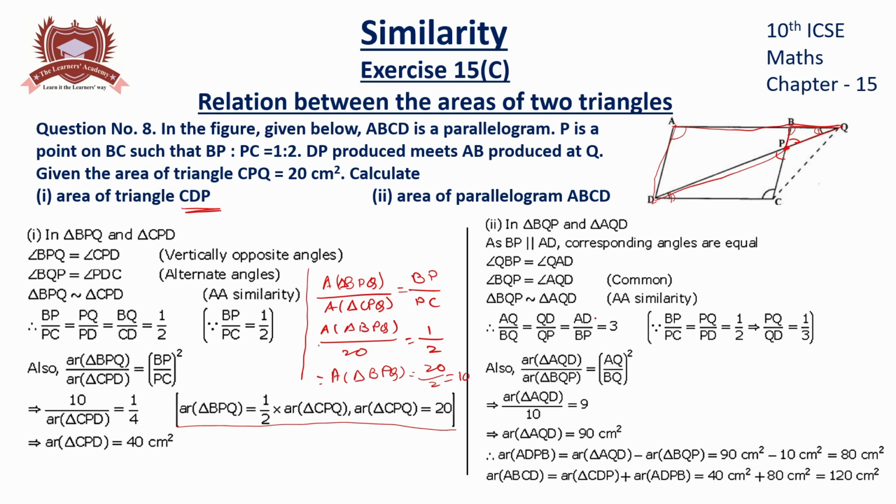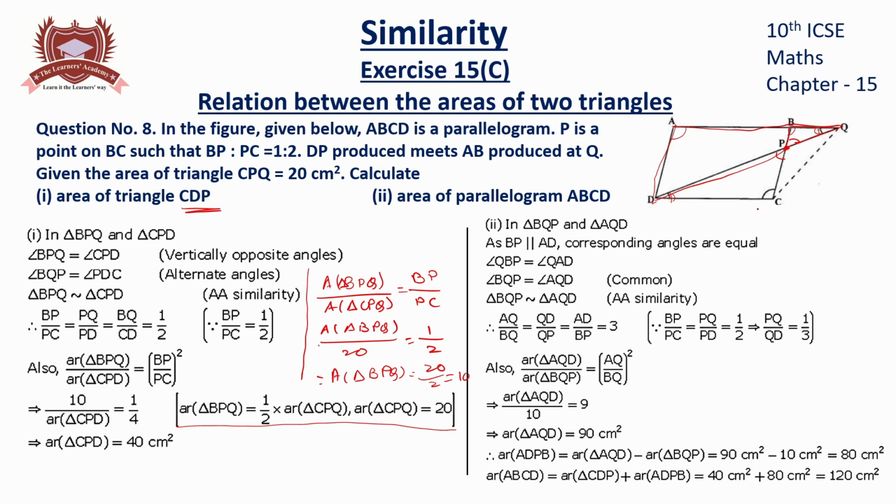Now, similar triangles है. So AQ upon BQ is equal to QD upon QP is equal to AD upon BP. It would be equal to 3. कैसे? Because BP upon PC is 1/2, so BP upon BC would be 1/3, और उल्टा करेंगे, that is BC upon BP will be 3.